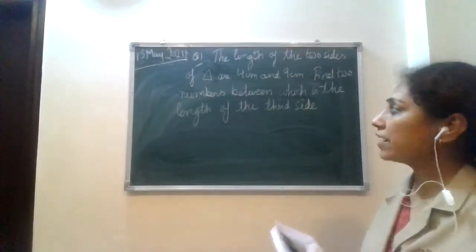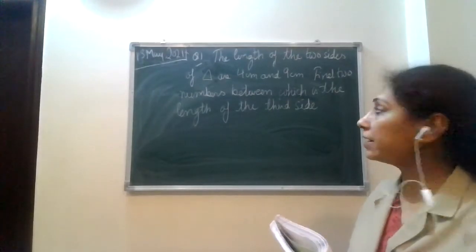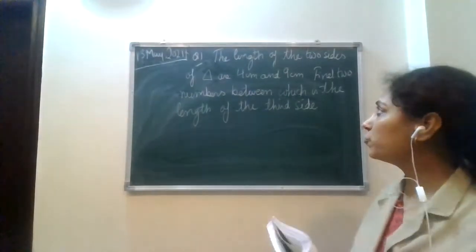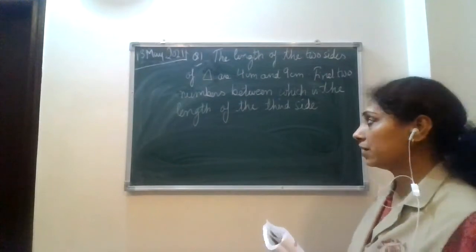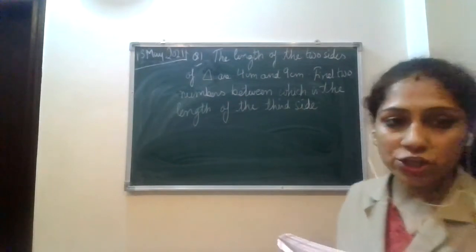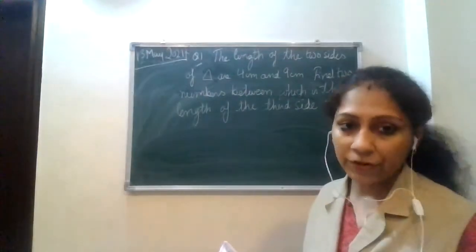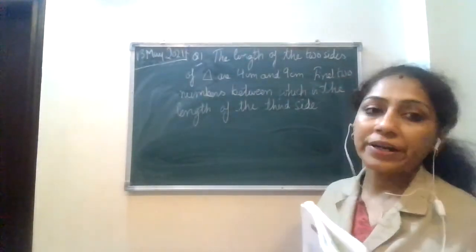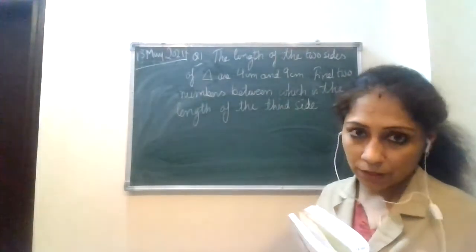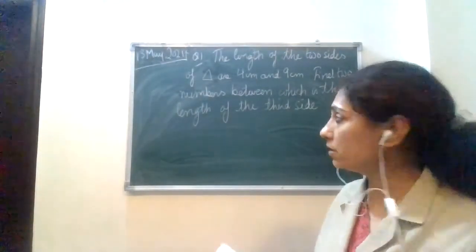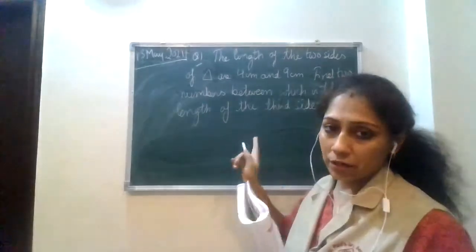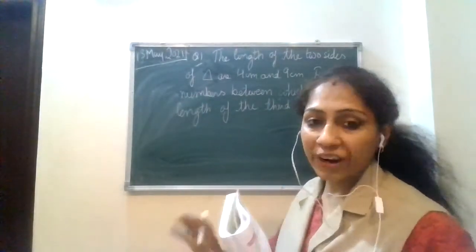The lengths of two sides of a triangle are 4 centimeter and 9 centimeter. Find two numbers between which the length of the third side lies. They are asking you the range in between which the third side will fall, right? You got the two measurements, 9 centimeter and 4 centimeter. The properties which you have just learned, you will apply both of them to find the range.